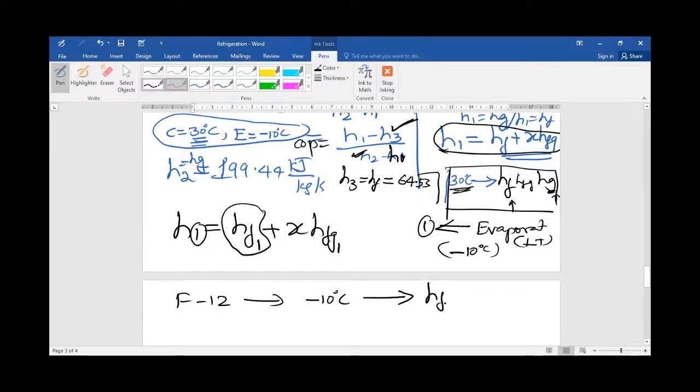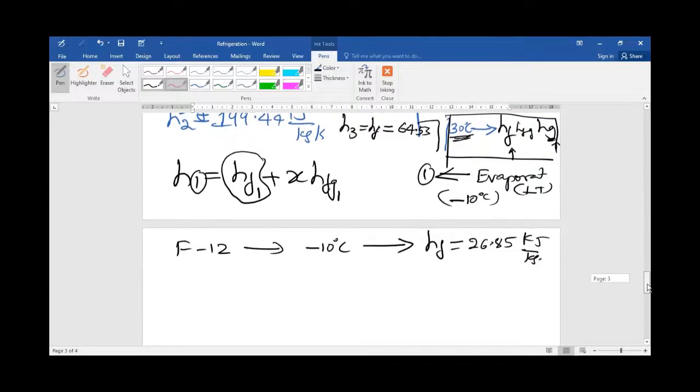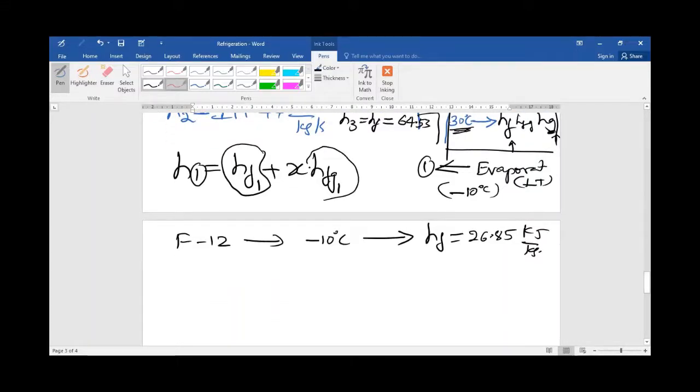For minus 10 degrees, it is 26.85 kilojoule per kg. Similarly, HFG, in the same minus 10 degrees Celsius row, note down the value of HFG because point number 1 is in wet condition. So HFG is 134.93. This is the value.